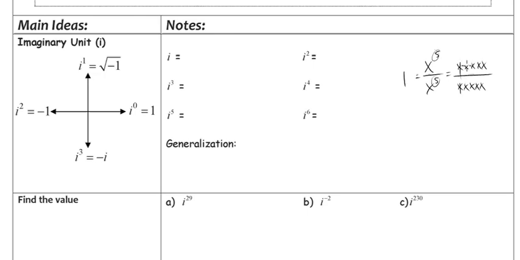That cancels, so x divided by x is 1, x divided by x is 1, x divided by x is 1, and x divided by x is 1, leaving us with x to the 0, and we're set. That's probably more information than you wanted, but there you go. So for the imaginary numbers here, again, anything to the 0 power is 1.